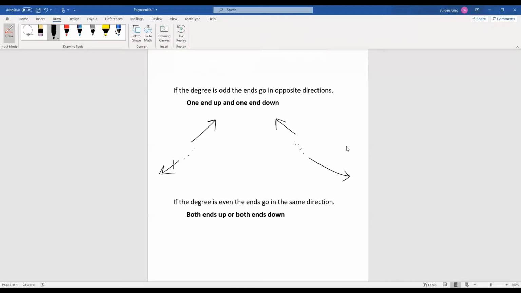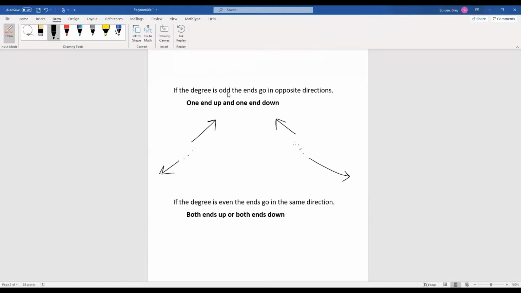And same thing with this one on the right, which overall looks like a decreasing function, but keep in mind that we are leaving out the behavior in the middle, so it could be increasing and then decreasing, up and down. But overall, from a global perspective, as you look at it from left to right, the function is decreasing. So eventually you'll get to a point where it's going to just keep dropping. That's true for any odd degree function.